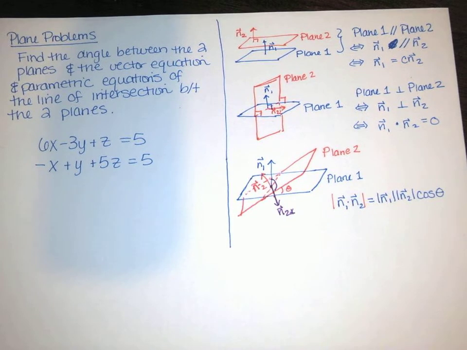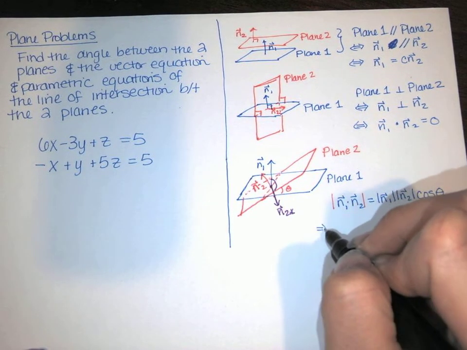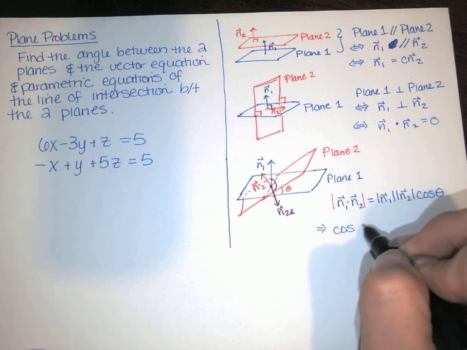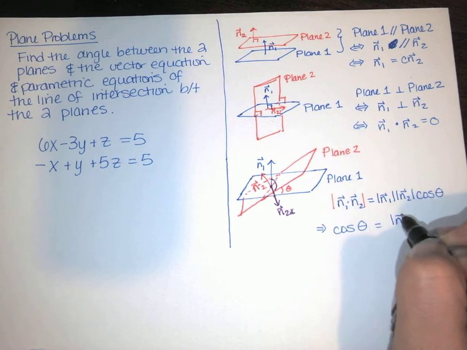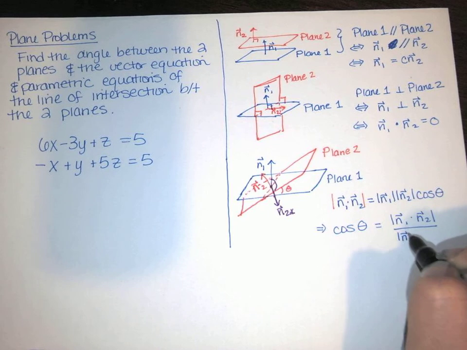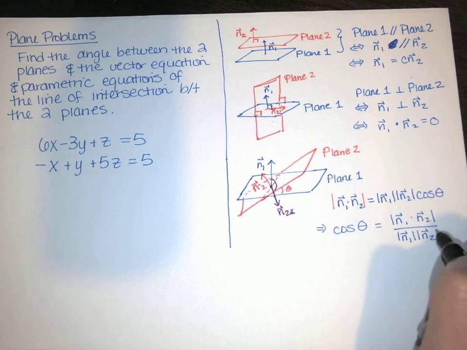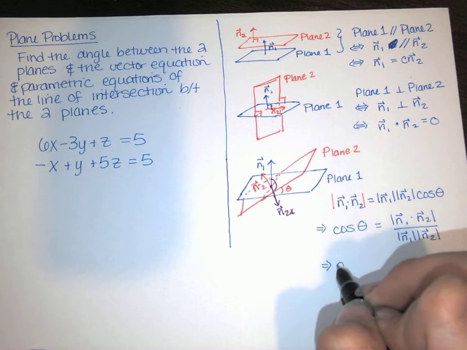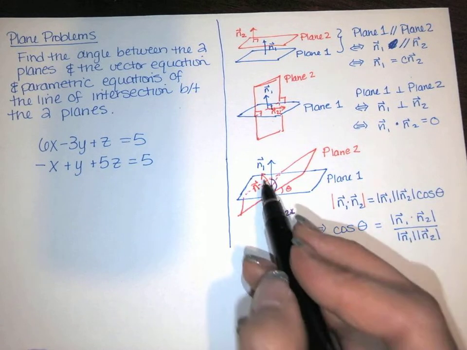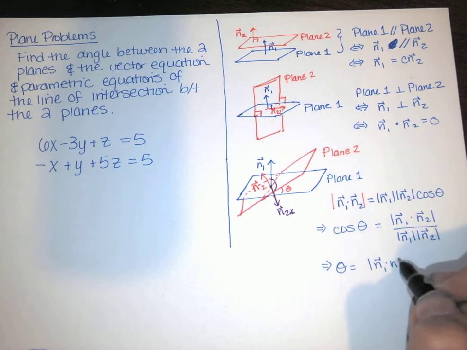And now we're going to solve for theta. So cosine of theta is the absolute value of the dot product of n1 and n2 divided by the length of n1 times the length of n2. So theta is going to be the acute angle between n1 and n2. So it's going to be this.